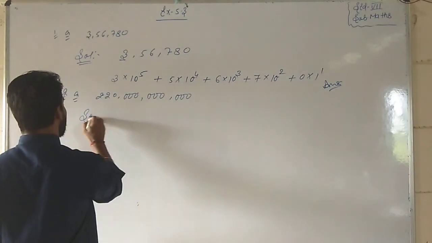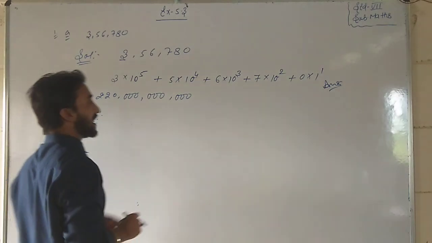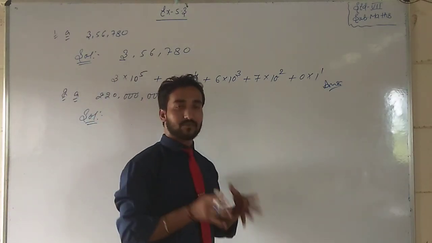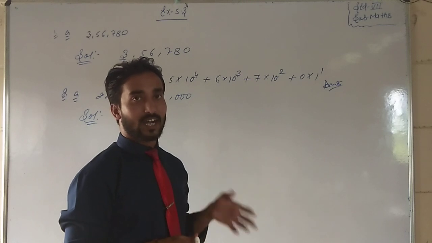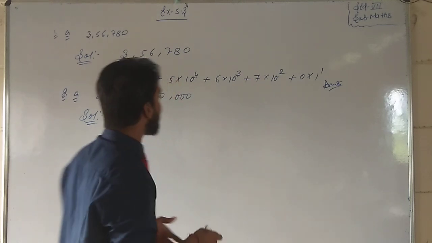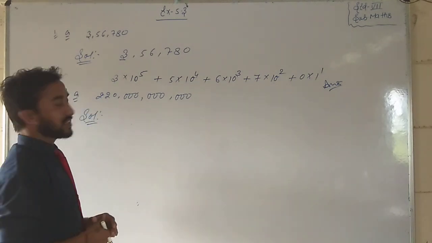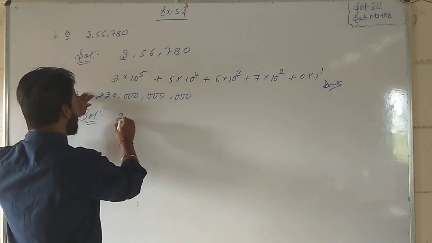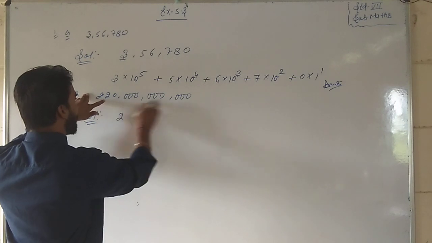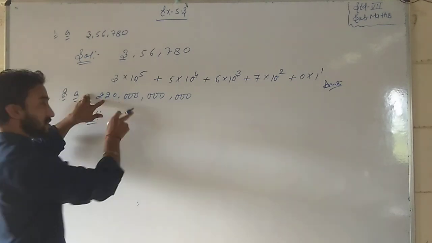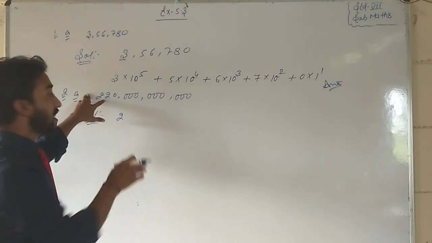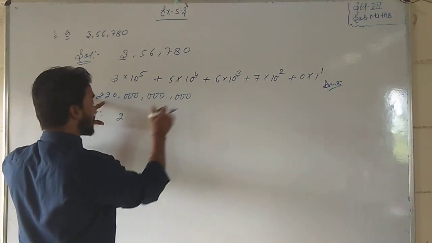Students, I hope that in the introduction session you have seen how to write in standard form. To write in standard form, what do you have to do? From the left hand side, take the first digit. After the first digit, put a decimal, and make all the rest the decimal part.